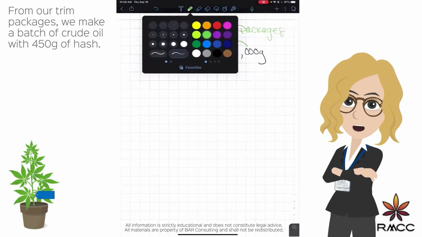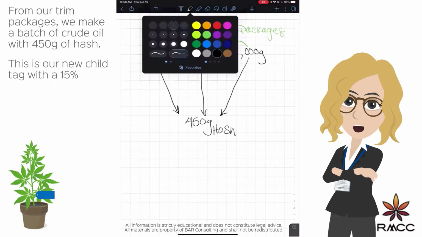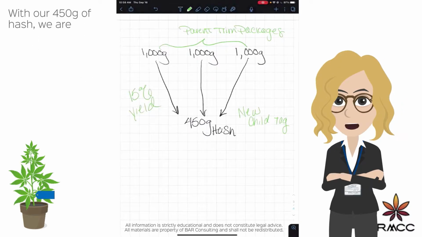And then from these 3 packages with 3,000 grams, we then make a batch of crude oil with 450 grams of hash. And this is our new child tag. And we also have a 15% yield.